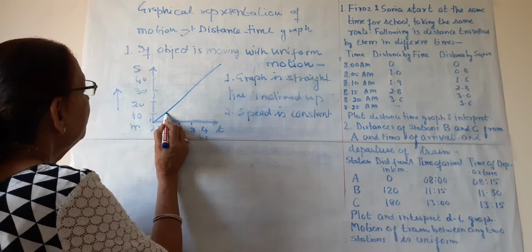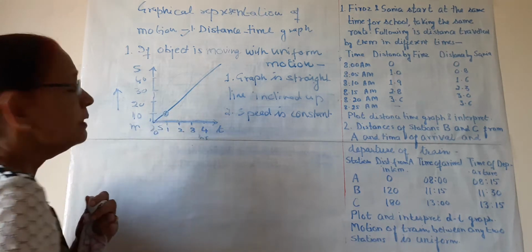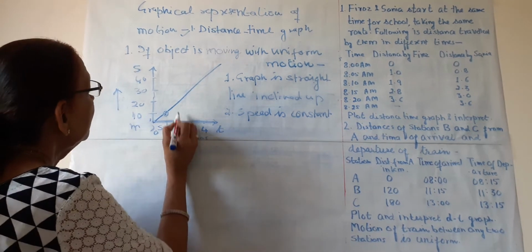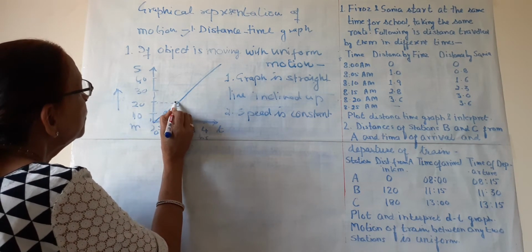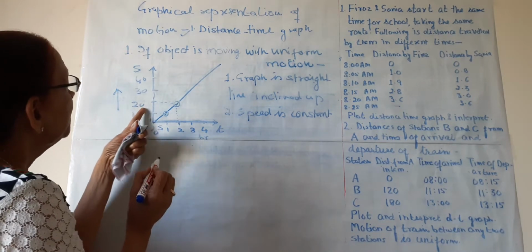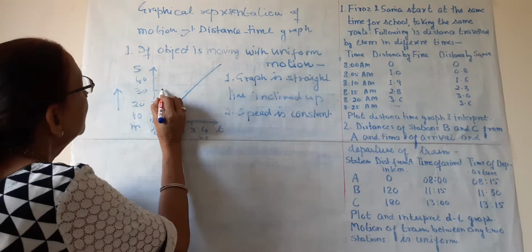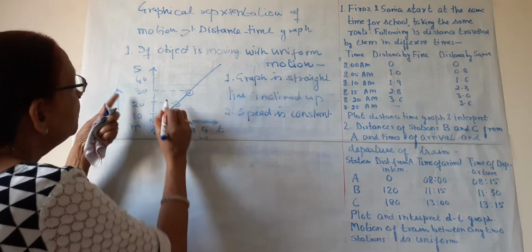So in 1 hour, suppose the object moved 10 meters. In second hour, if the speed is uniform, it moves 20 meters. In the third, it will move 30 meters.